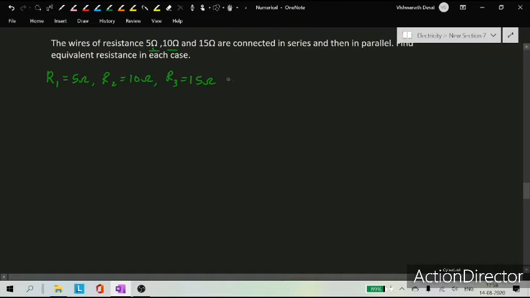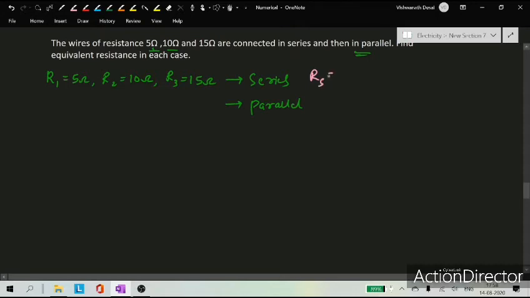So first all these wires are connected in series, then in parallel. The same resistors are then connected in parallel. Find the equivalent resistance in each case. It is a very simple problem, just a direct question. You have to use the series formula.